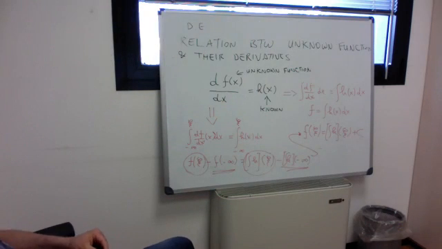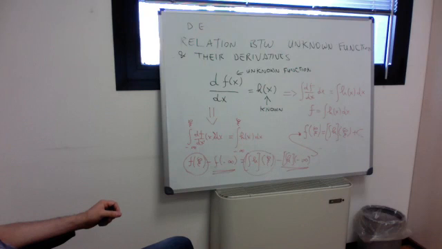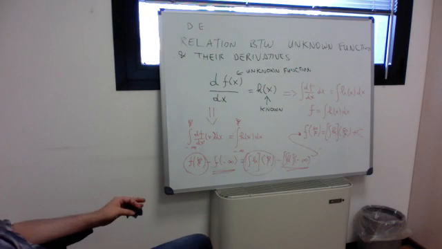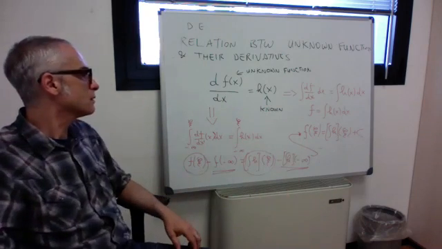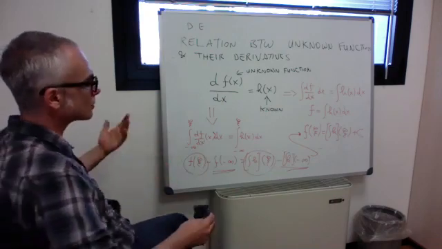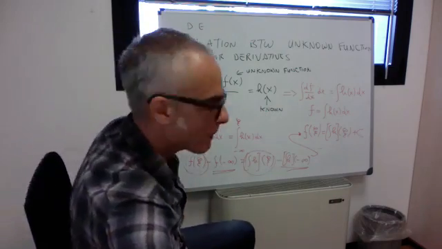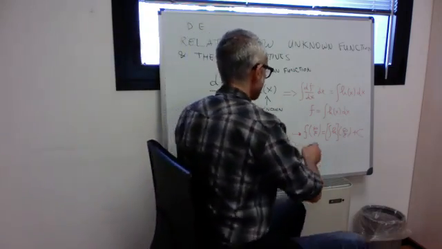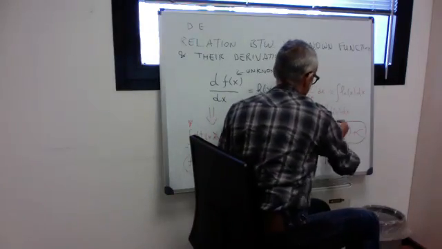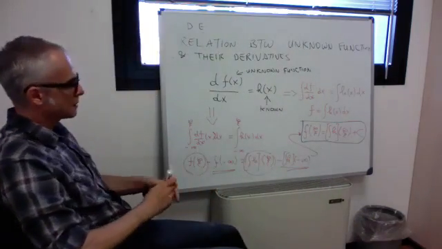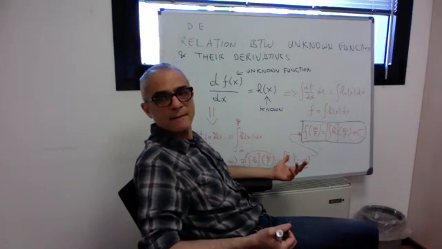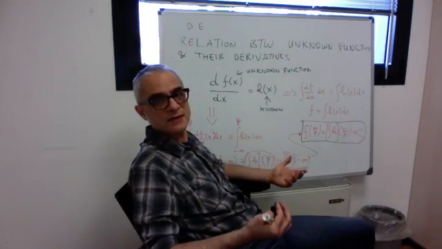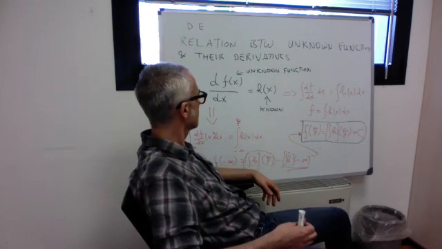Okay, and now, if you want, you can forget my whole derivation of this formula and just take the derivative of this guy to convince yourself that we did it right.